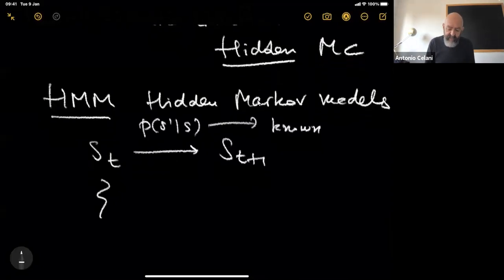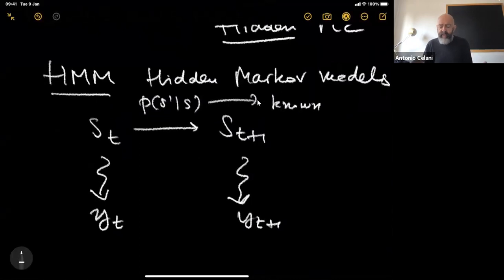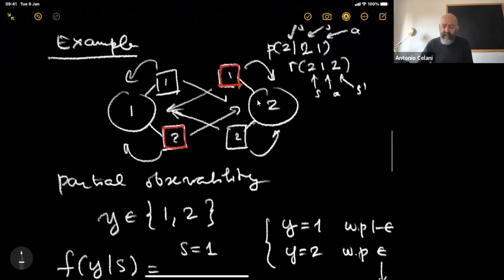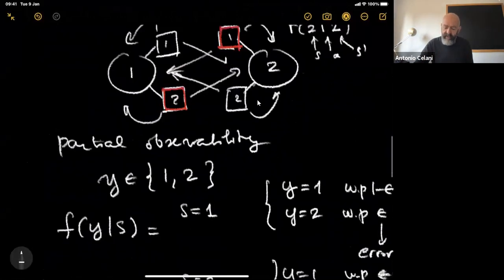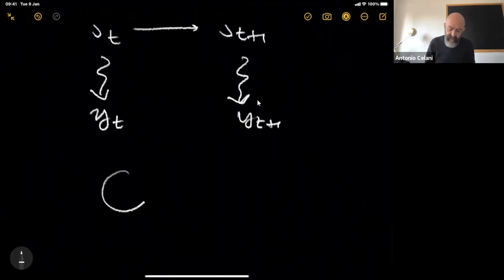And at each time step, for simplicity, we receive some observation about the system. Okay, so in our previous example of the two states, it's just like you had a system which is jumping from one state to another according to some probability. Let me revise it here. Now there is no control, so there are no actions.